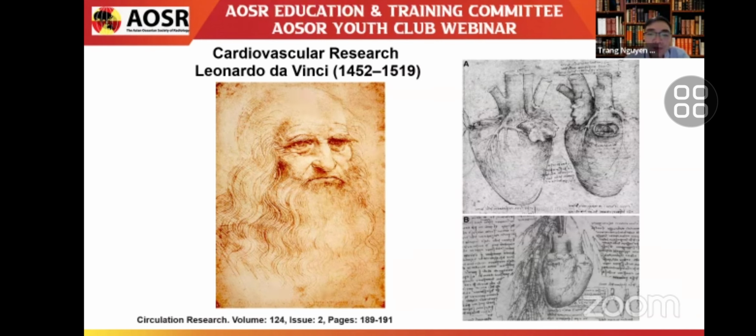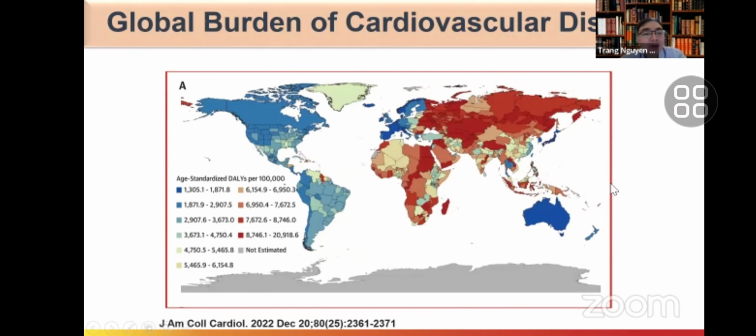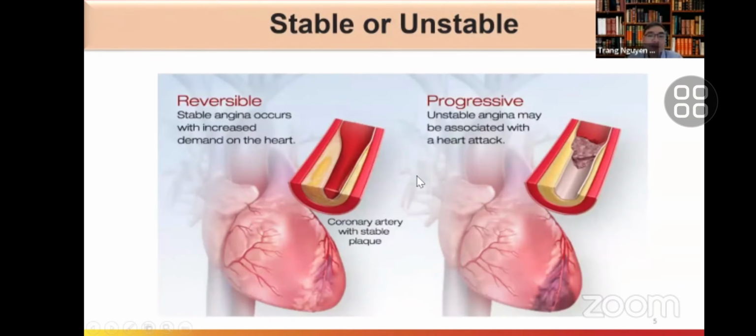He also did a very early study of the cardiovascular system, and here we can find some figures he drew of the heart and the vessels. Nowadays we find that the burden of cardiovascular disease is a global problem, especially in the Asia Pacific area. Here we can see the red area from East Asia to Southeast Asia and other areas in Asia also.